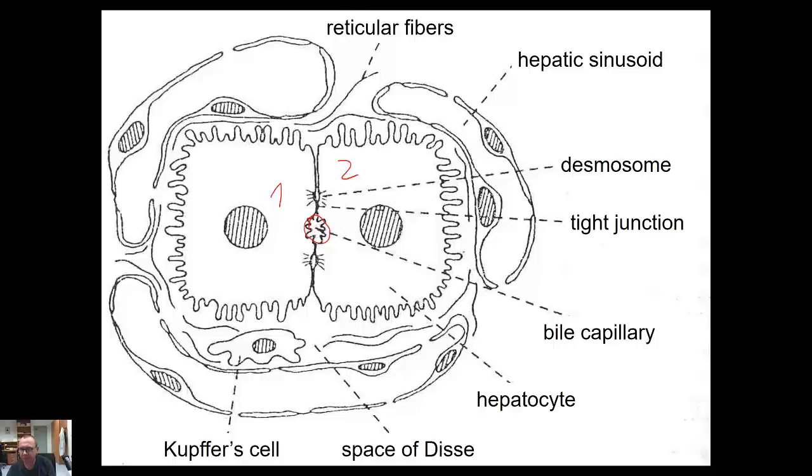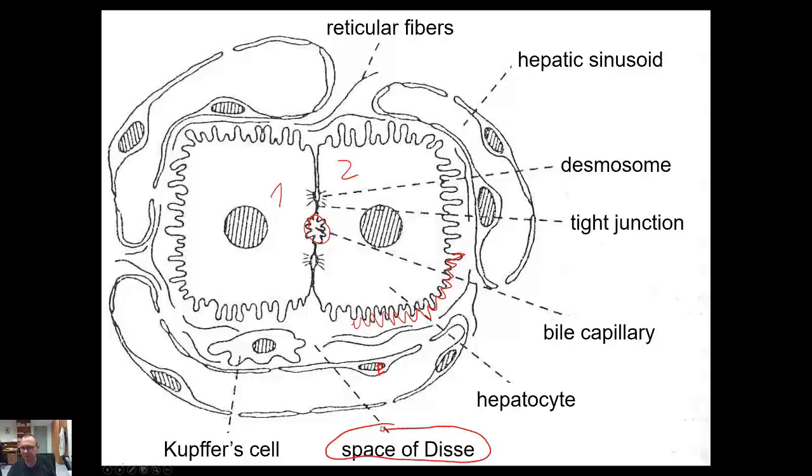Here is the periphery of the hepatocytes, that means their basal surface with many processes, and this is the space between hepatocyte and sinusoidal endothelial cell. This is the endothelial cell, and this space is called the space of Disse.